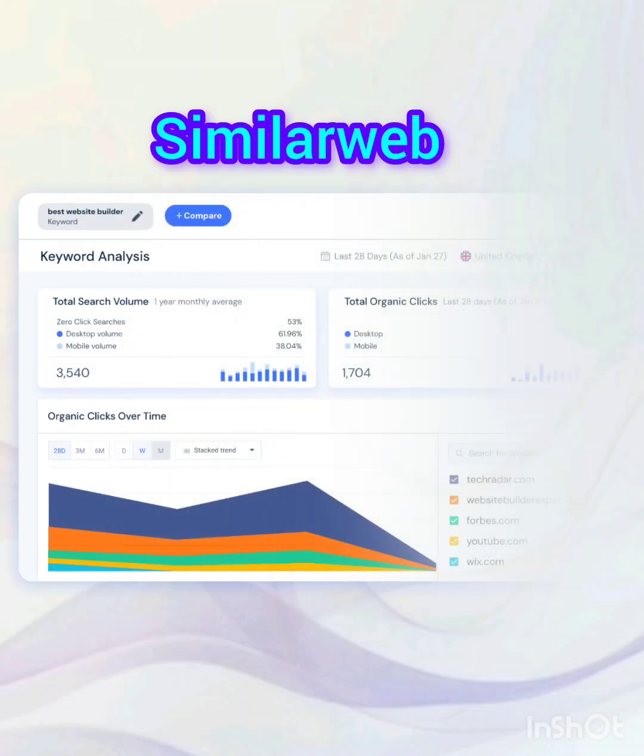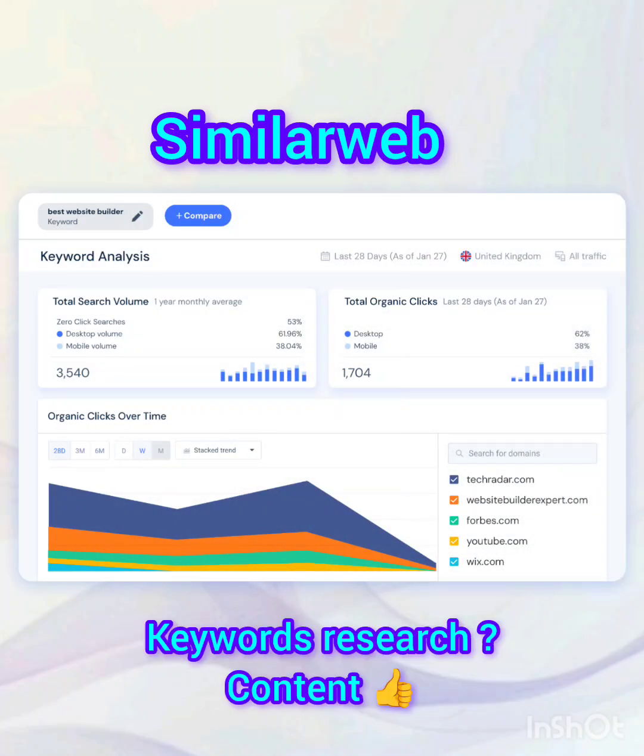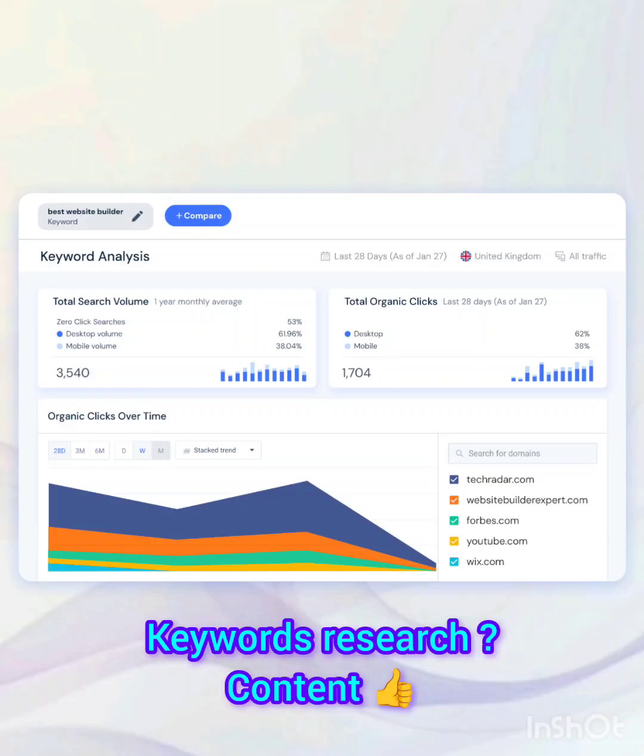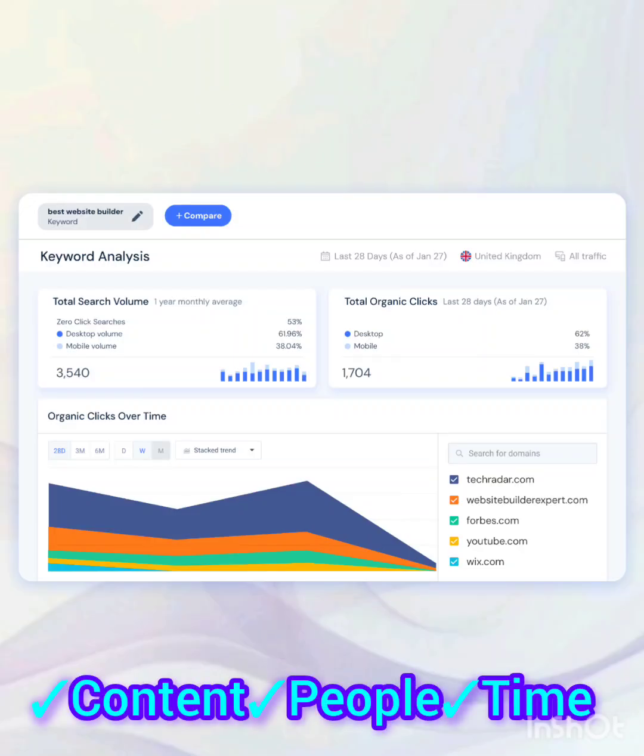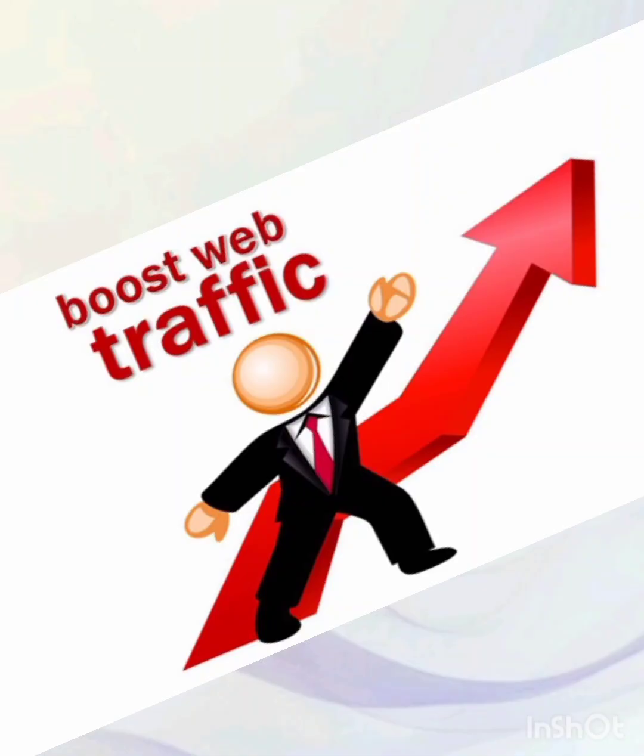According to SimilarWeb, keywords represent user questions and your content should be the answer. So keyword research helps you create the right content for the right people at the right time. It increases your chances of ranking and driving organic traffic to your website.